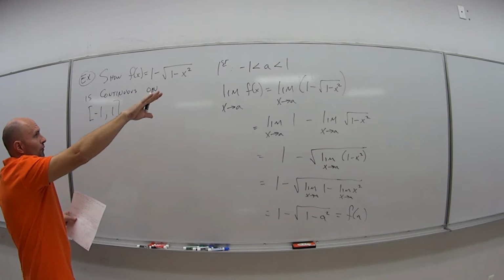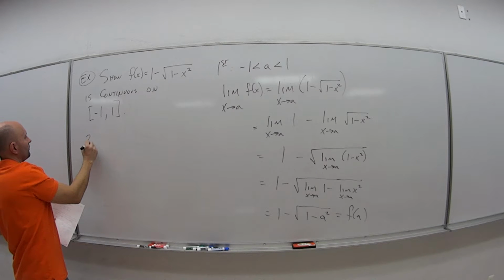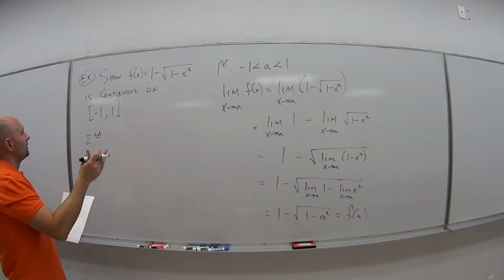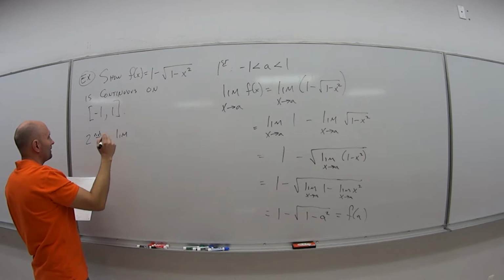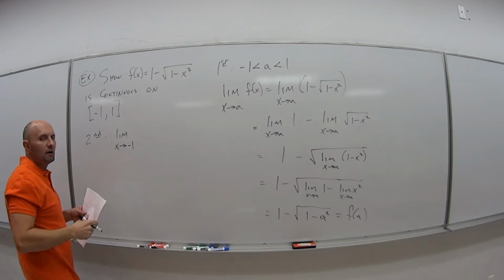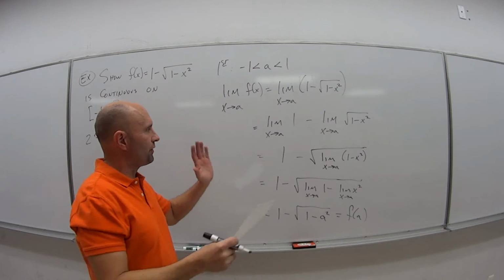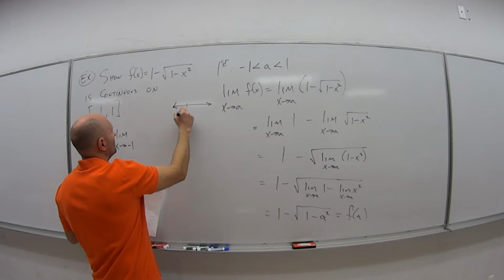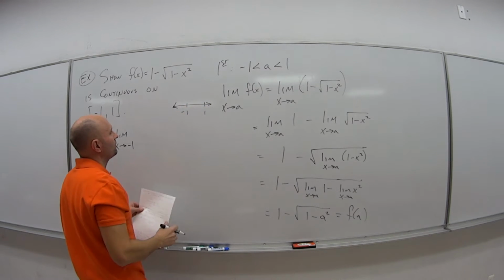So that's for the interval, but not the endpoints. Our second thing we have to look at is those endpoints. So first, the limit as x approaches -1, but from which side? So think about this interval. If we have this on the number line here, -1 is here, +1 is here.